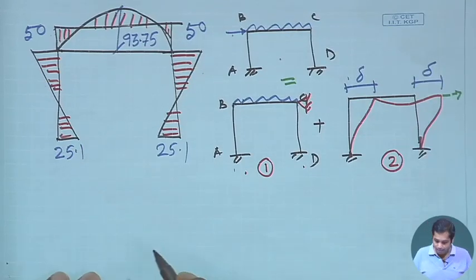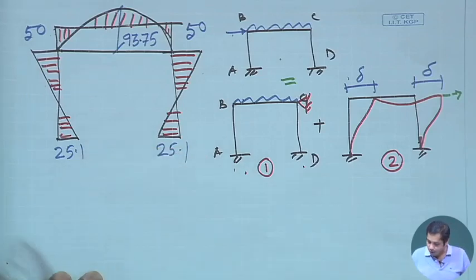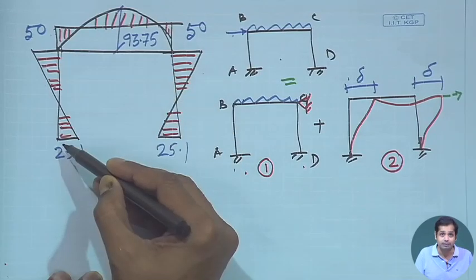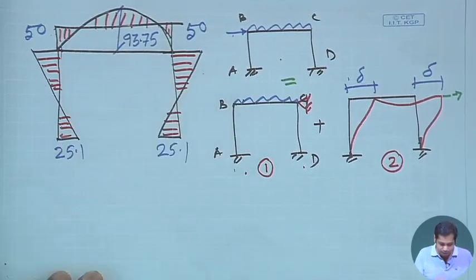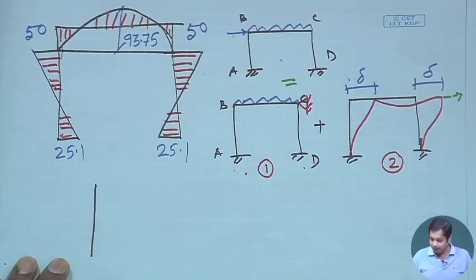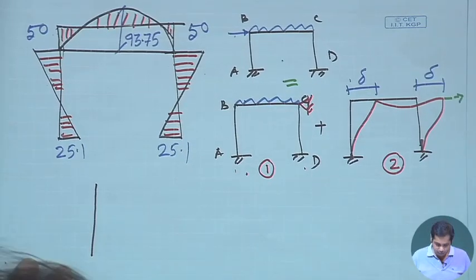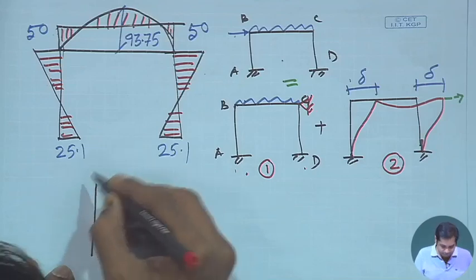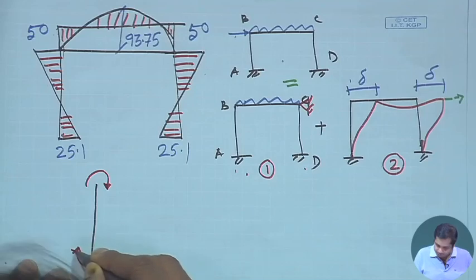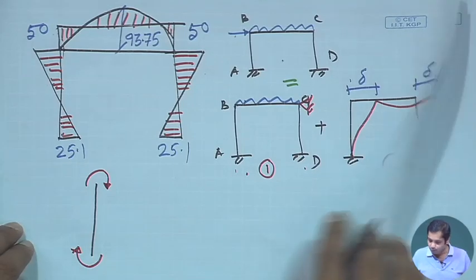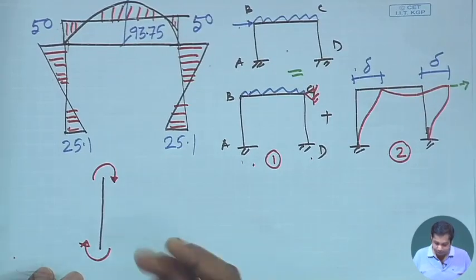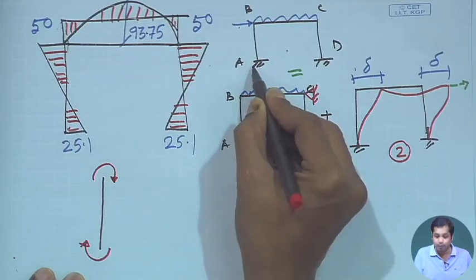First, we take the free body diagram of this part. What would be the free body diagram of this part? This is C, this is D, and then we have a moment like this here, and then a moment like this here, and in addition to that, this end is a fixed end supported.